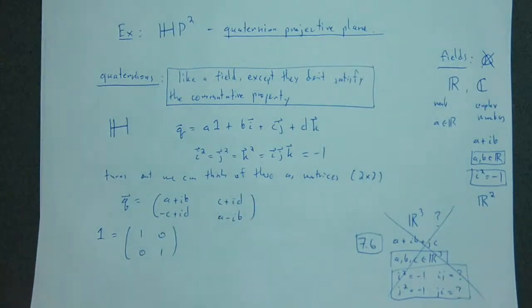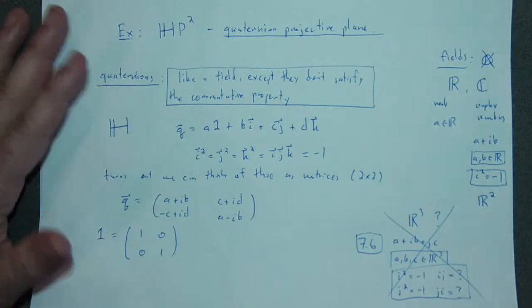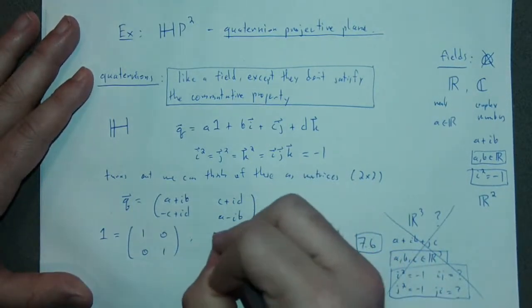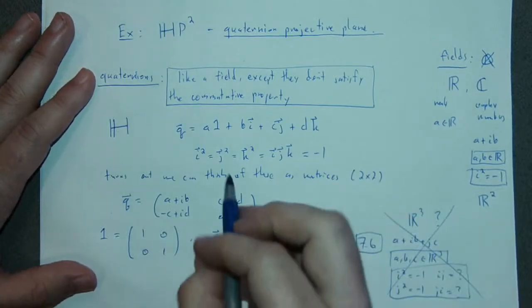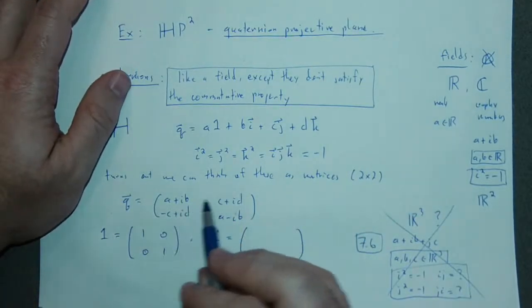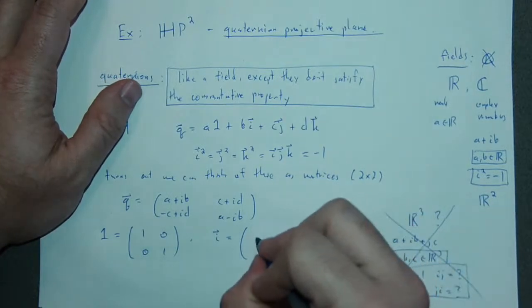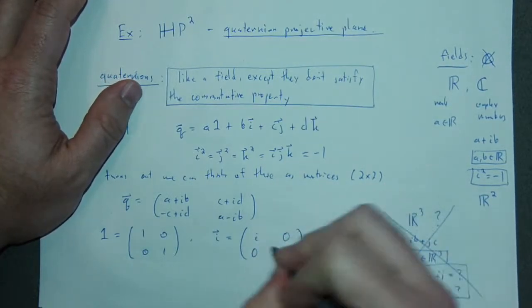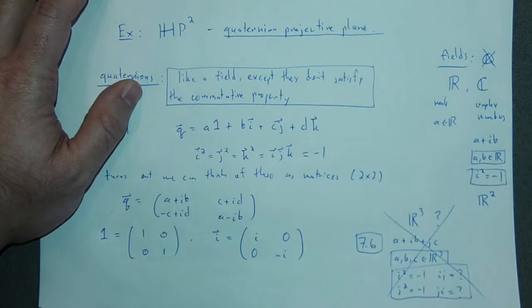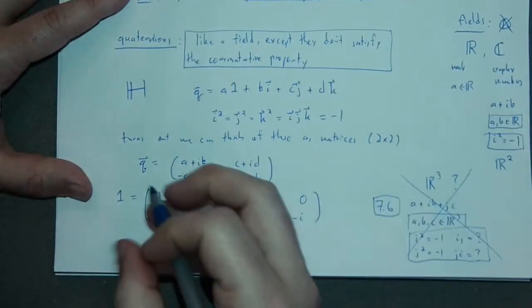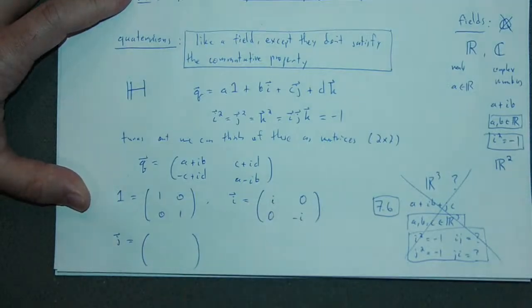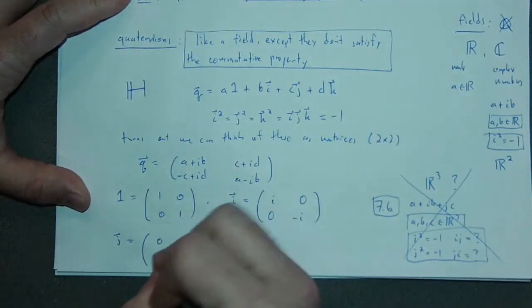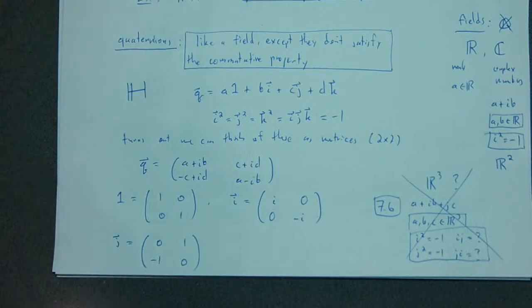So indeed, it behaves exactly like the multiplicative identity should. I would be the matrix I, 0, 0, minus I. J would be the matrix 0, 1, minus 1, 0.